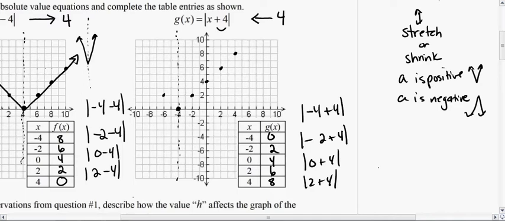So I'm going to do that now. And I'll connect them and take a look at my V-shaped graph, and indeed it is. It has shifted to the left 4.